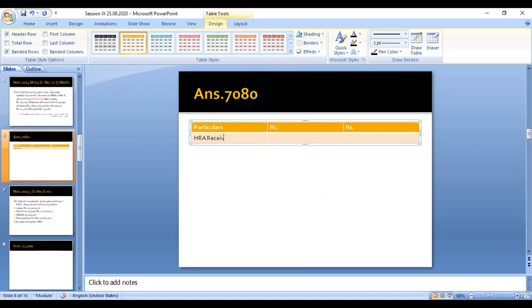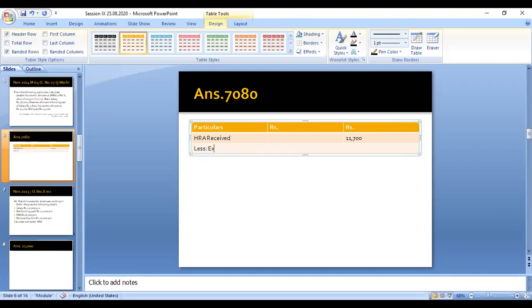HRA received, that amount is given: house rent allowance is 11,700. We take it as a yearly amount. If it is given per month, you have to multiply. Then from this amount we deduct, or less, the exempted HRA.